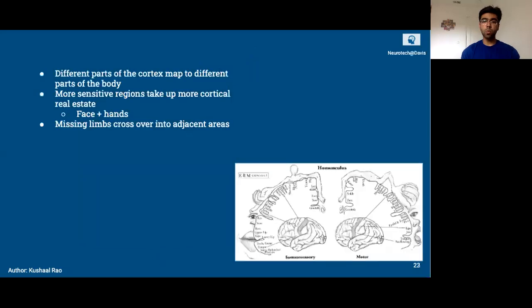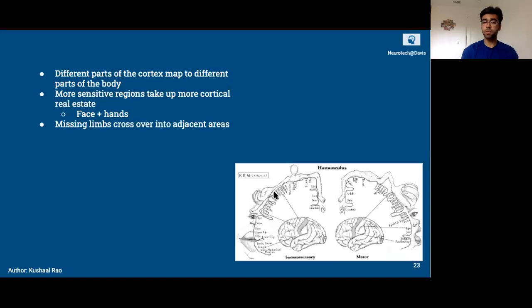One key thing to notice is that different parts of the cortex map to different parts of the body. And more sensitive regions take up more area of the cortex. For example, in the somatosensory cortex, we start with the lips and the eyes and then go over to the hands, and that already takes up almost half the cortex.